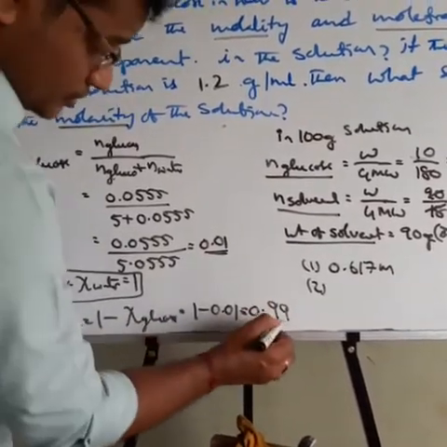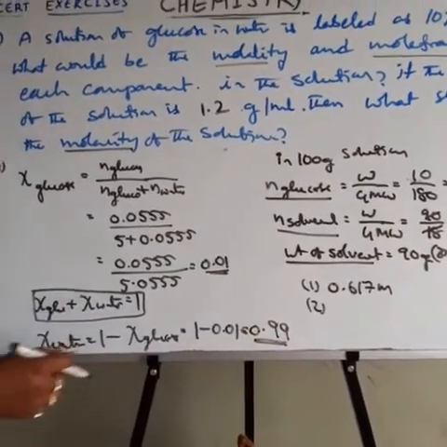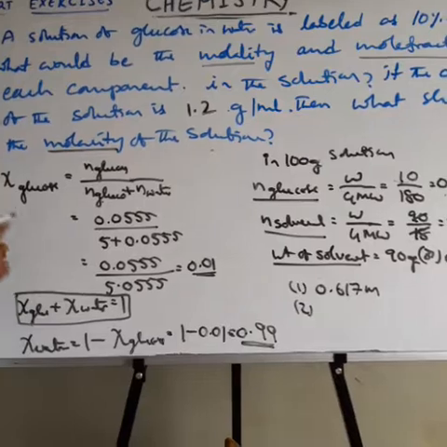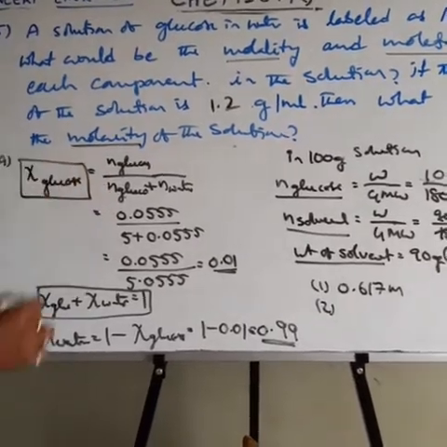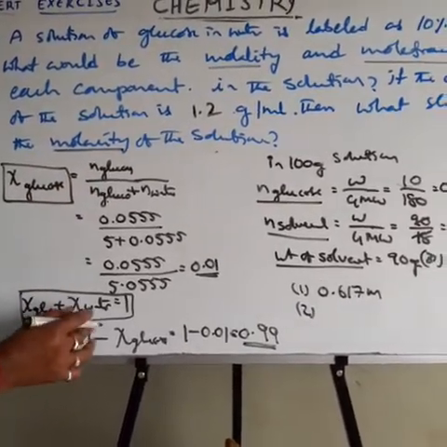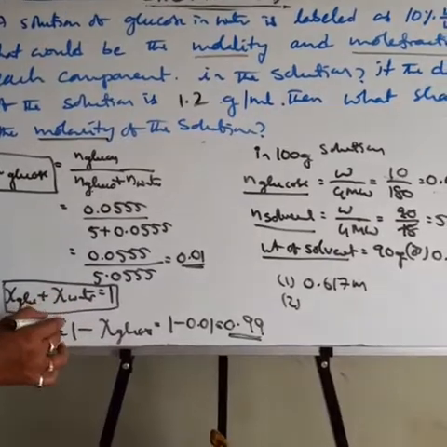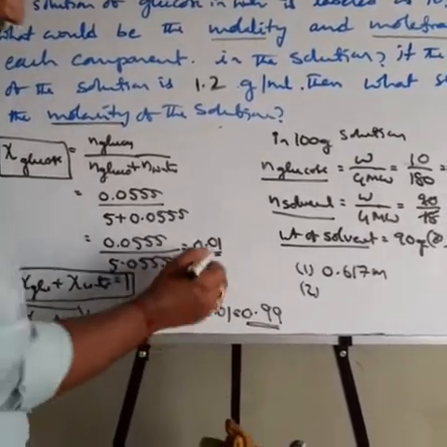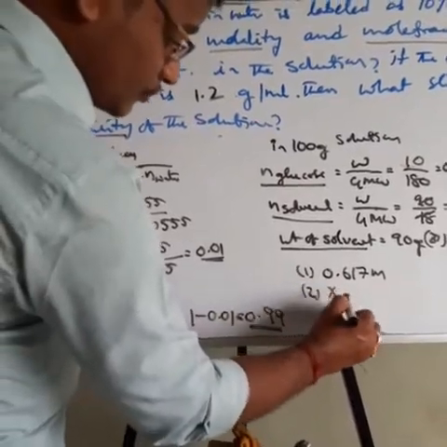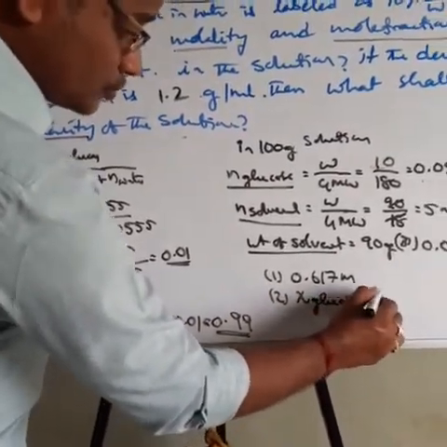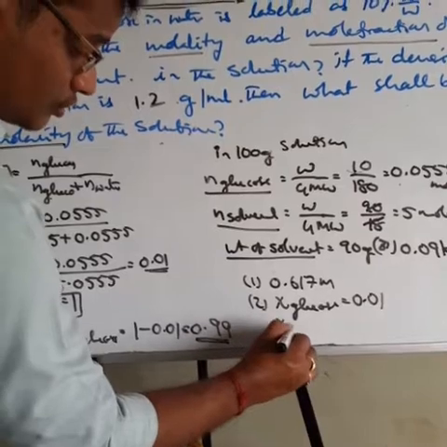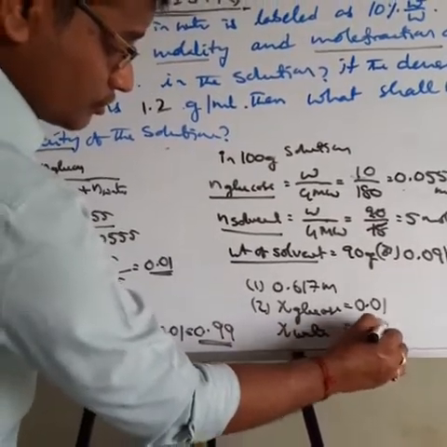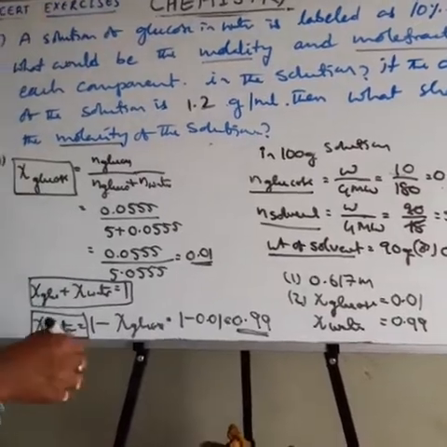This is the mole fraction of water, the solvent, and this is the mole fraction of glucose, the solute. So the second answer: mole fraction of glucose 0.01, mole fraction of water 0.99.